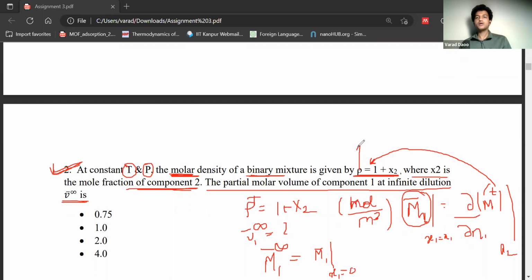How can you convert rho to V? Remember, this is rho total, the total molar density. So how can you convert it to total molar volume? If you are able to convert it, then you just have to take the partial derivative with respect to n1 or x1, and then when you put x1 equal to 0 in the expression, you will get the V1 bar infinity, right?